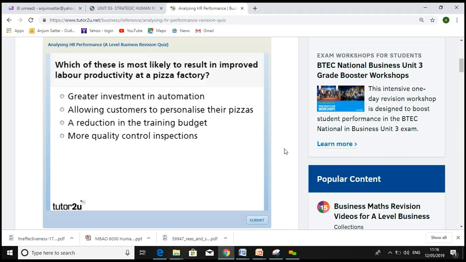Which of these is most likely to result in improved labor productivity at a pizza factory? Well, more quality control inspection.